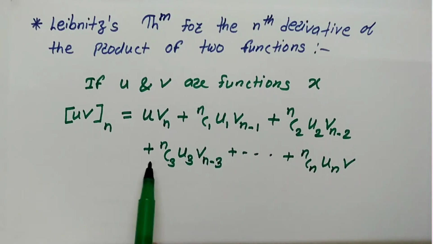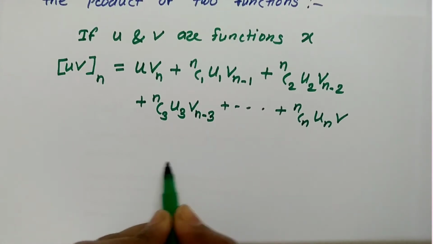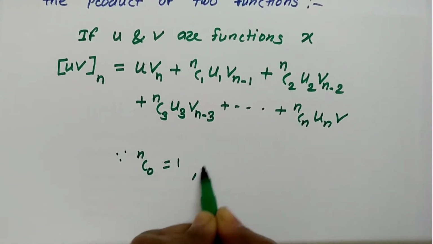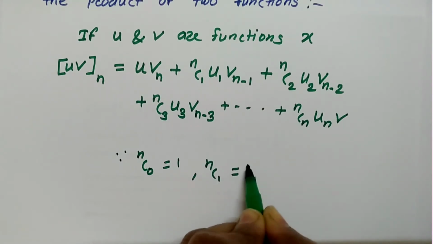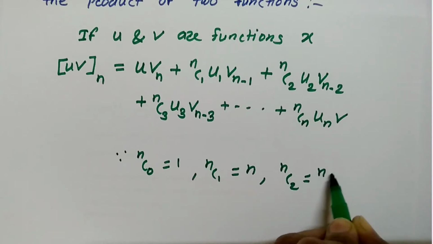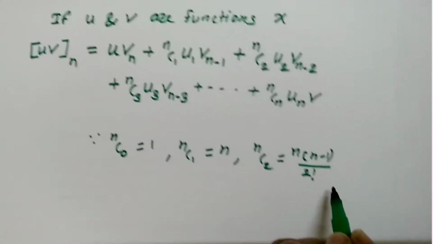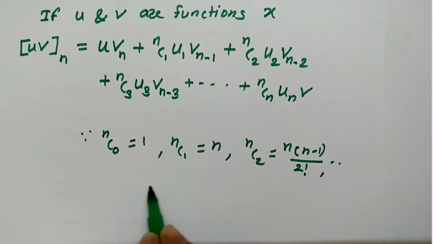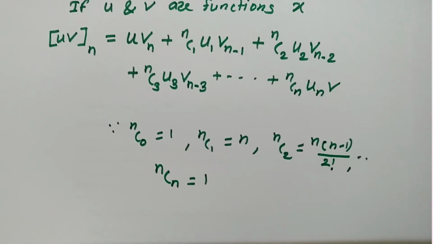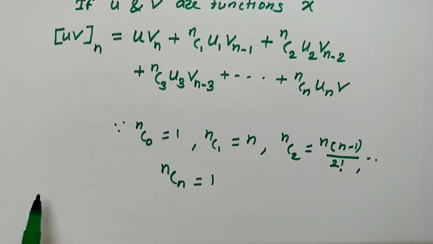So this is the statement of Leibniz theorem, and here we know that nC0 is nothing but 1, nC1 is n, and nC2 is n(n minus 1) divided by 2 factorial, and so on, up to nCn, which is 1. So by using this, we can rewrite this Leibniz theorem.